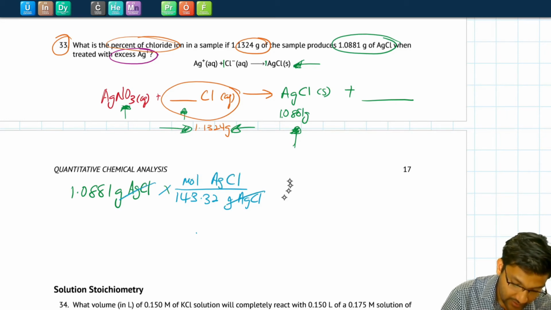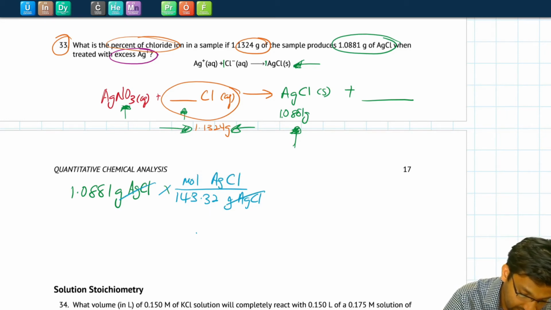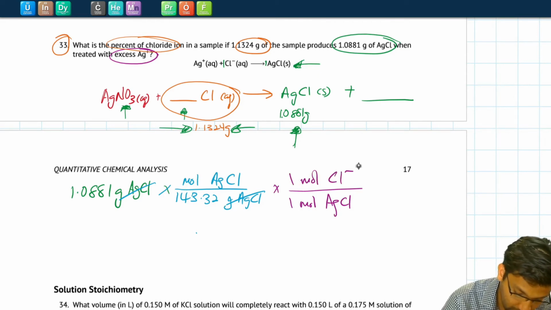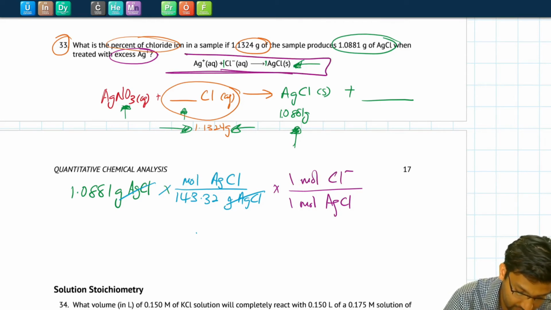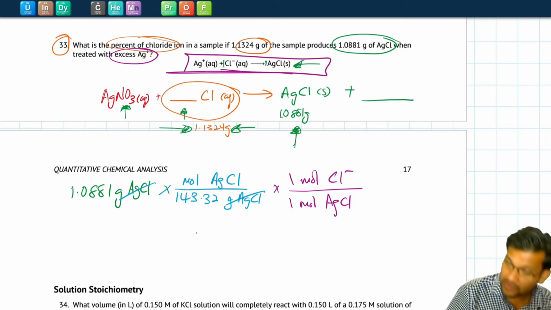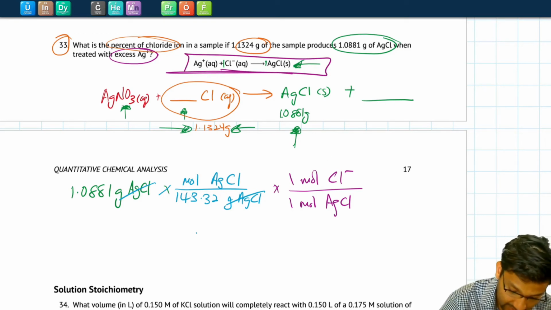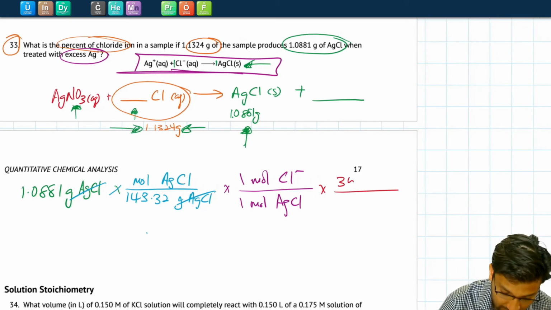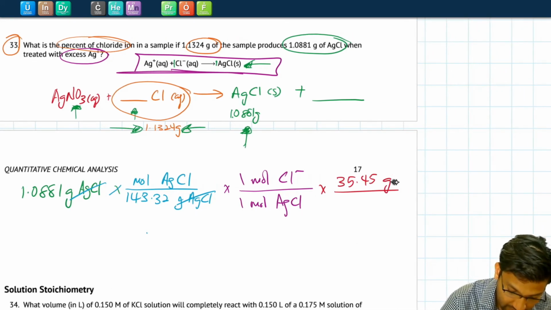There we go. Now that we have moles of silver chloride, we can convert that to moles of chloride. So 1 mole of silver chloride is formed from 1 mole of chloride based off of this equation right here. Now that we have moles of chloride, we can find the mass of chloride. To get that, we just multiply by the molar mass of chlorine, which is 35.45 grams of chlorine per mole of chlorine.